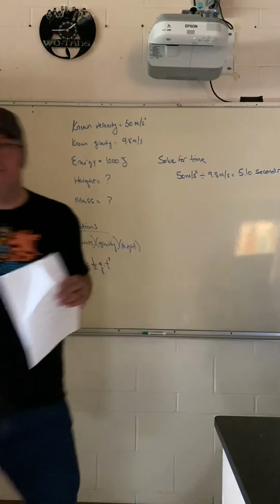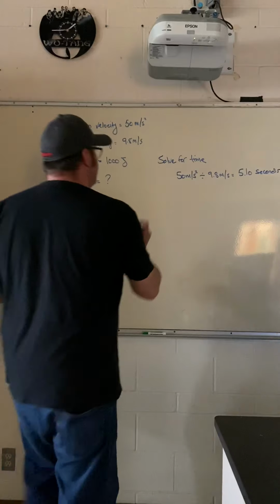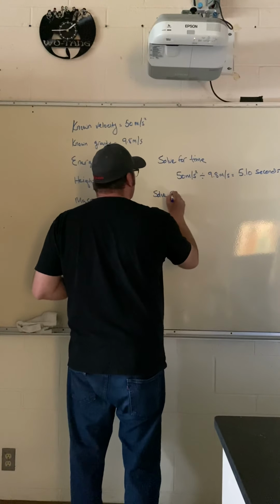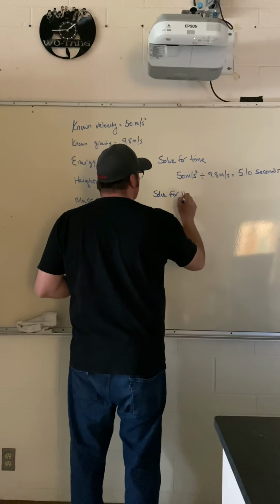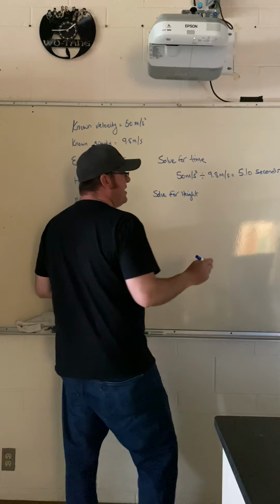Let me make sure we can see everything. Okay, just barely. Now we need to solve for height. We have our 1/2 g times t squared.